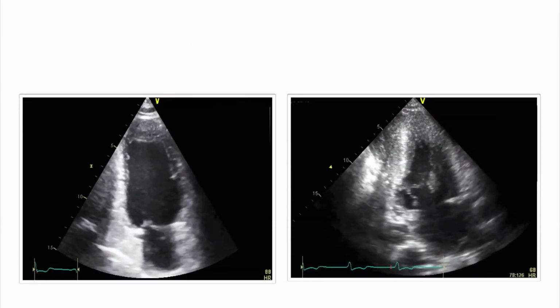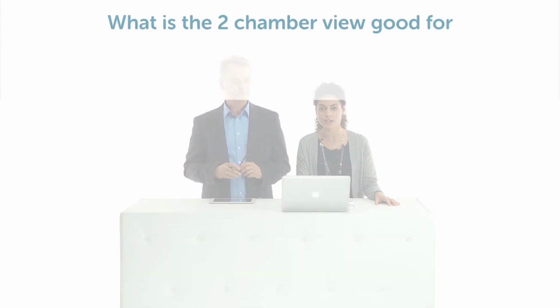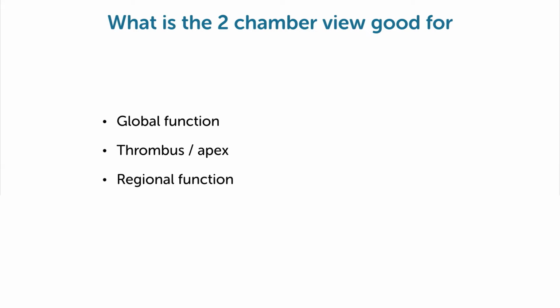So that's one of the things that the 2-chamber view is actually good for. And just to sum up, what is the 2-chamber view good for? Well, again, for global function, to assess the presence of a thrombus in the apex, as we showed you in the demonstration, to assess regional function, and again, mitral valve with respect to mitral regurgitation especially.